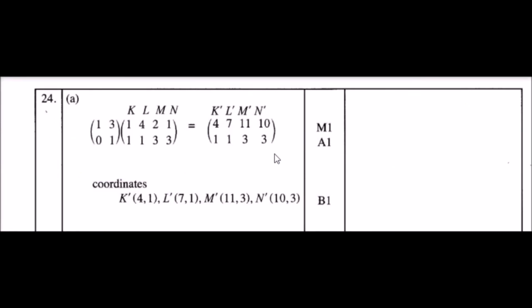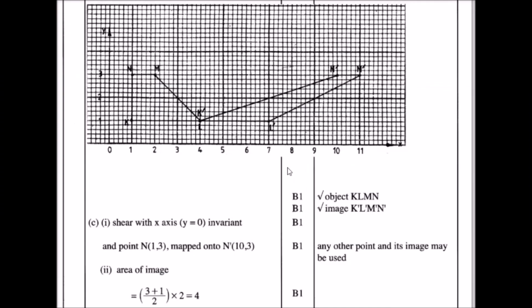You get 1 mark for the method, that is multiplying. You get your answer, you get a mark. So those are 2 marks, and you get a bonus point when you now write the coordinates in this form, that is from the matrix to coordinate form. So those are 3 marks you score there.